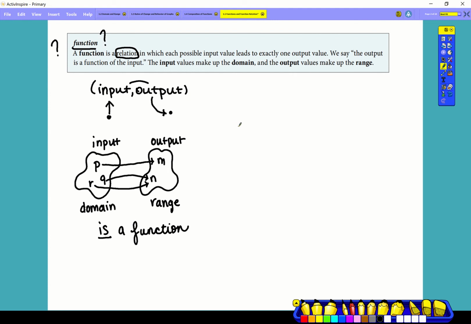Notice also that we'll do another blob. This one we'll do domain, and I'll abbreviate it. This one we'll do range.